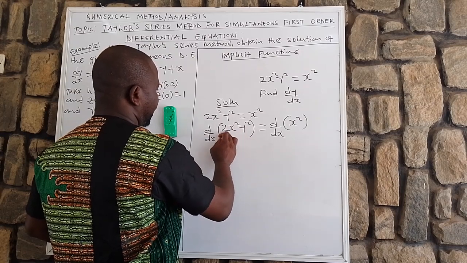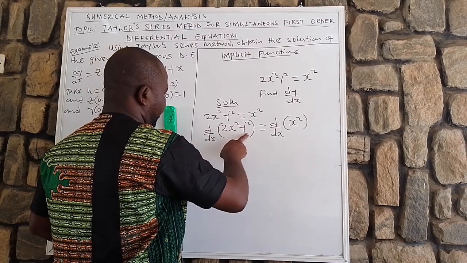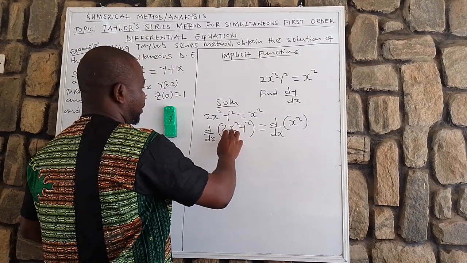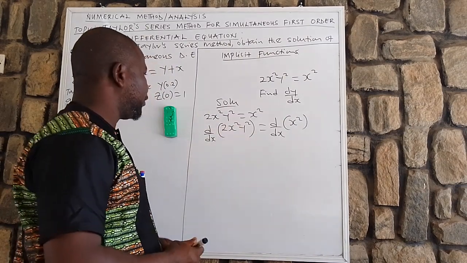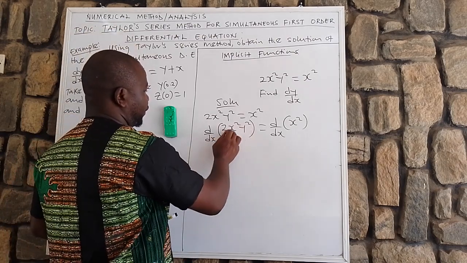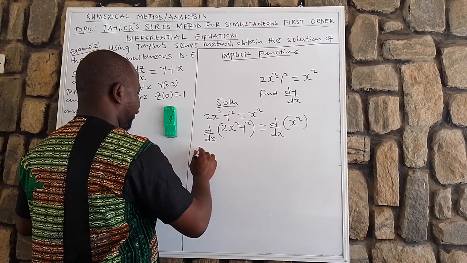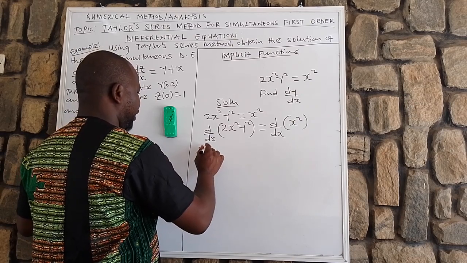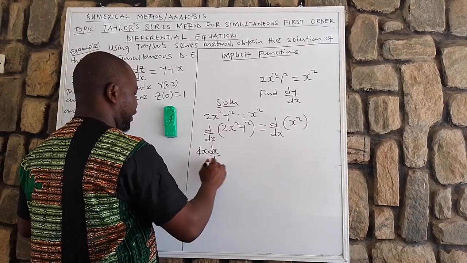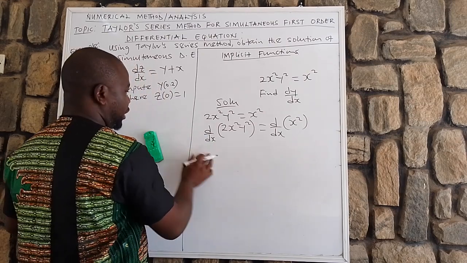Since there are two functions and they have constant 2, either we hold this one and differentiate this one, or we hold this y squared and then differentiate 2x squared. Okay, we hold y squared and differentiate 2x squared, we are going to have 4x dx over dx. Sorry, let us not rush.